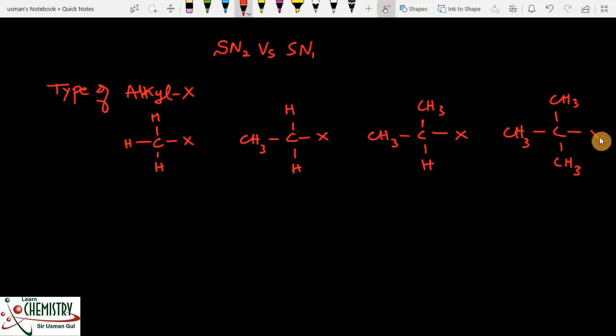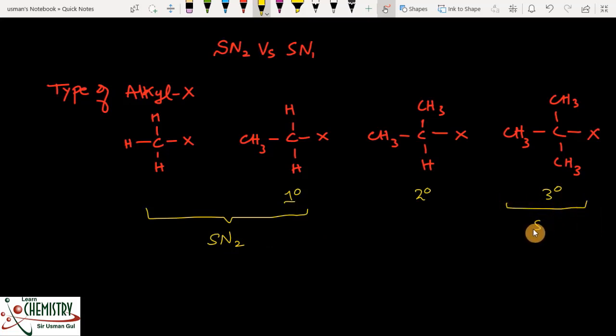Okay, when we talk about these 4 different types of alkyl halide, this one is primary, secondary and tertiary. Remember that we get SN2 reaction mechanism more with primary and methyl alkyl halides. When we talk about third degree alkyl halides, they mainly give us the SN1 reaction mechanism.